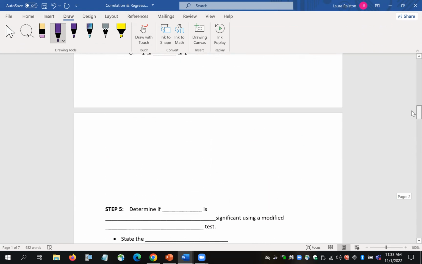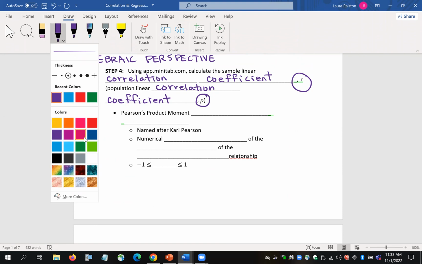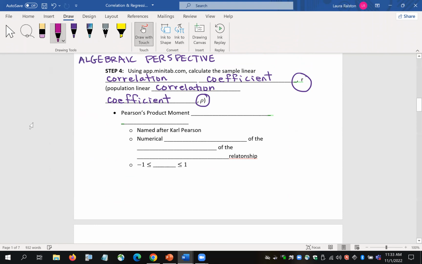Okay. Now, let me give you some background on this particular thing. The correlation coefficient actually has a fancy dancy name. It's the Pearson product moment linear correlation coefficient.